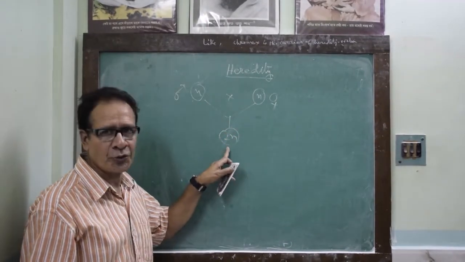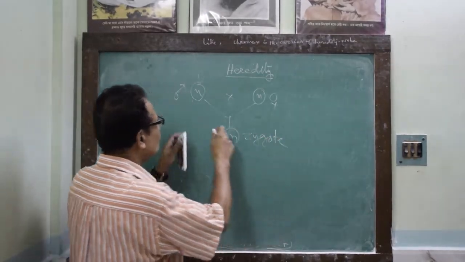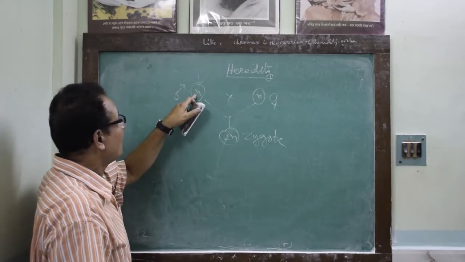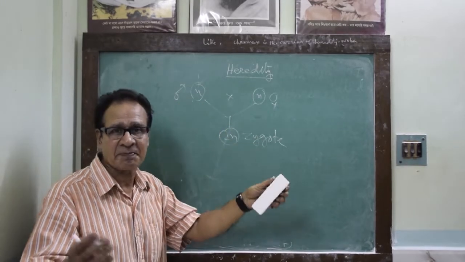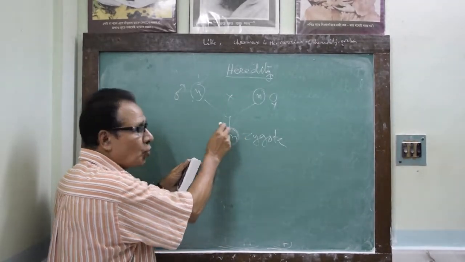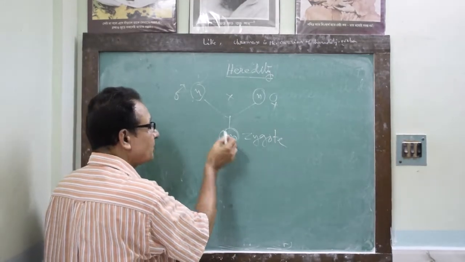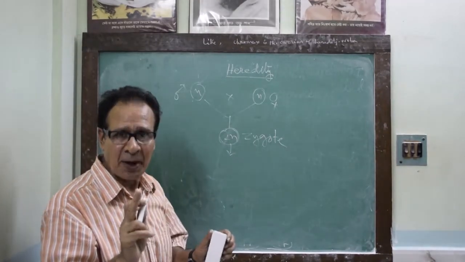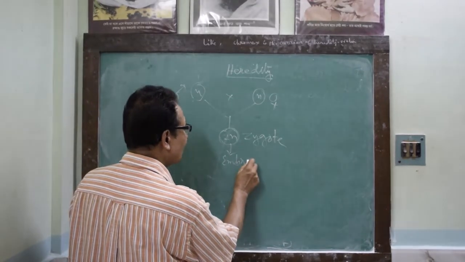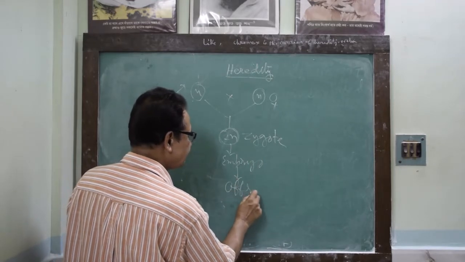So the haploid sets of chromosomes from the male and female gametes, that is the father's and mother's bodies, assemble together within the zygote to form the diploid. This zygote repeatedly divides by mitosis to form an embryo and ultimately an offspring.